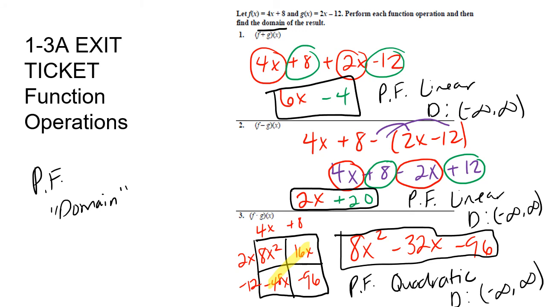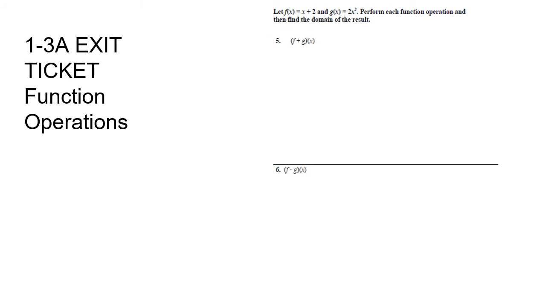All right, I'm going to pause and let you do the right side of your exit ticket. Okay, so you should have followed this. It says f plus g, so we have x plus 2 and 2x squared, so fairly straightforward. X plus 2 plus 2x squared.